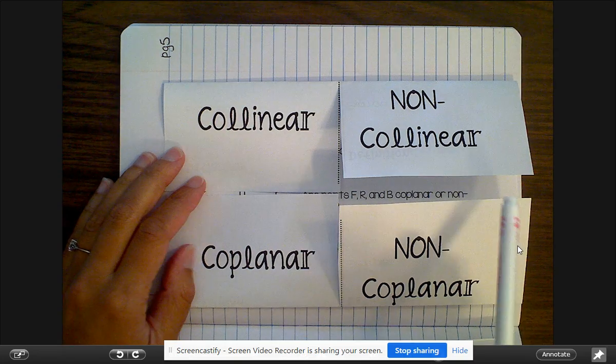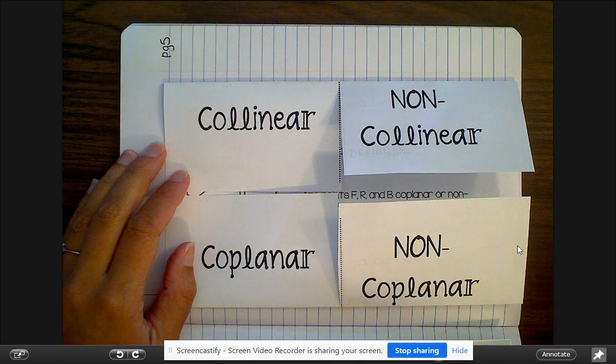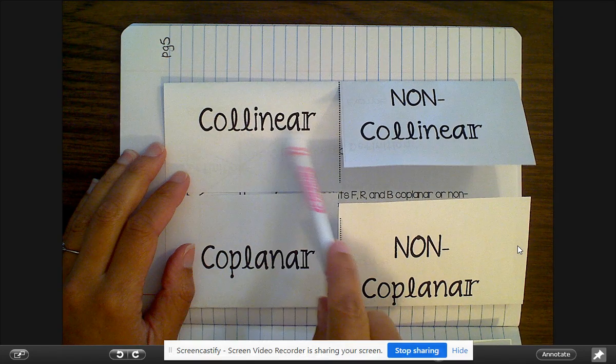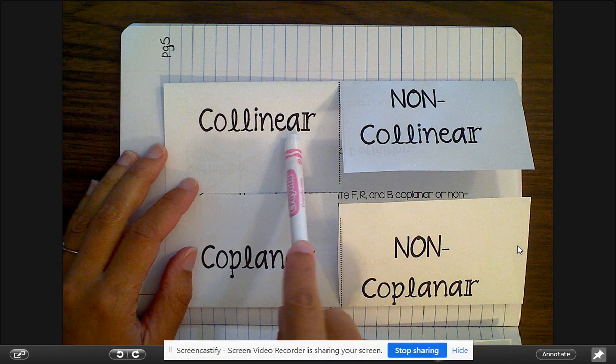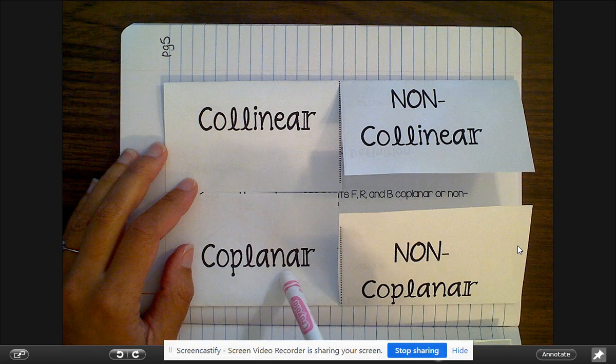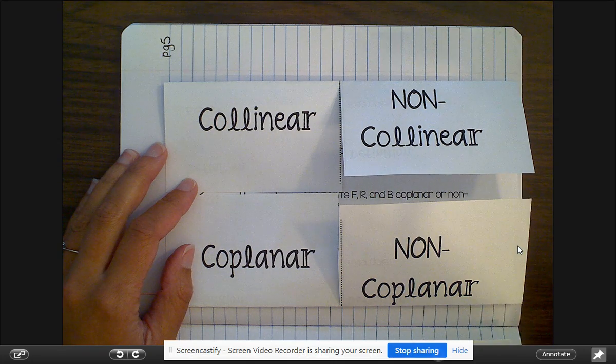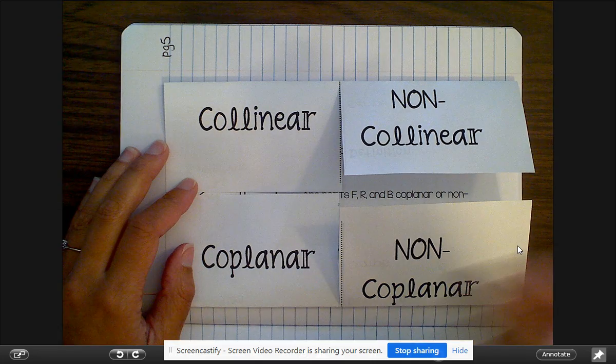I always like to dissect my words. Linear, I know, is a line. And planar is plane. Co means together, like we're co-parents or cooperating. That means together.